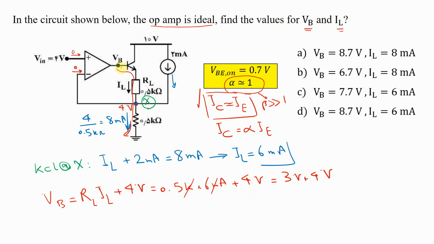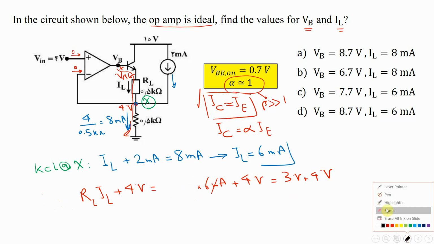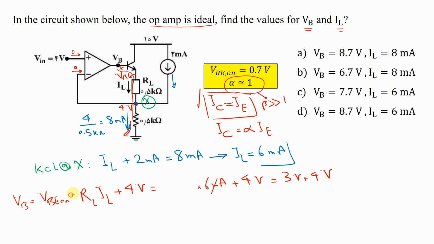Be careful about that. This is a base-emitter voltage of this transistor. So whenever you want to calculate VB, you have to take care of this as well. So let me do it again. VB is equal to the base-emitter on voltage of the transistor, plus RL times IL, plus 4 volt.